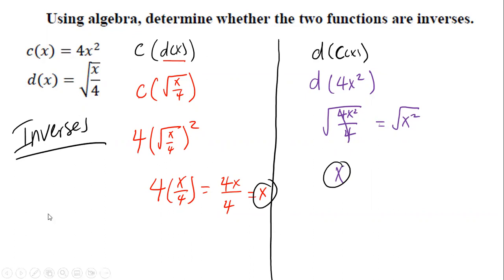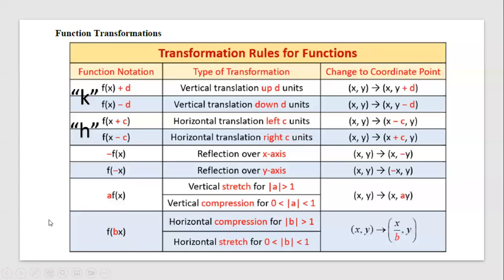All right, the last piece of our review is transformations. So we're going to go over our transformation properties really quick. With transformation, remember when you have it all together, you have a f of x minus c plus d.